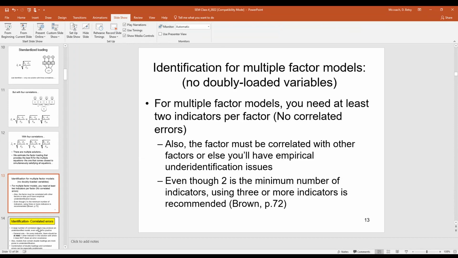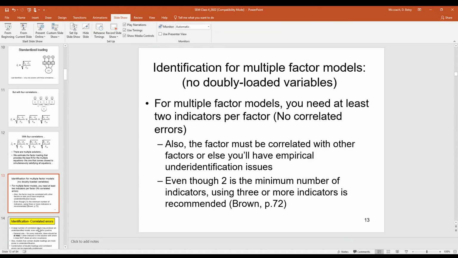Theoretically, this looks like it's identified, but as soon as the correlation drops to 0, it's like you have 2 little single factor models, each of which only has 2 items. And so now you're no longer identified. As long as the factors are correlated with each other, you can get away with 2 indicators per factor.